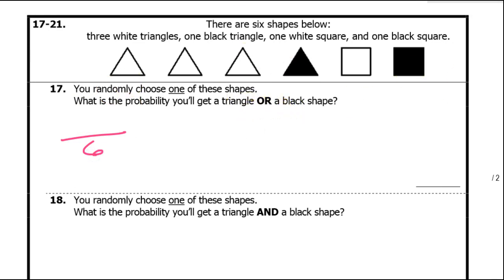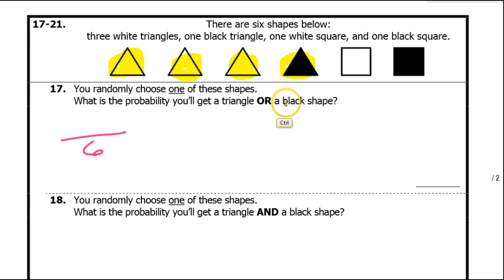So when you're doing or, you're just collecting all of the shapes that fit either description. So let's start with triangle. So we have a triangle here, here, here, here.